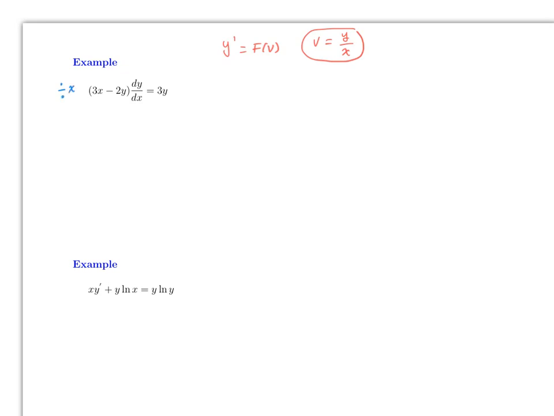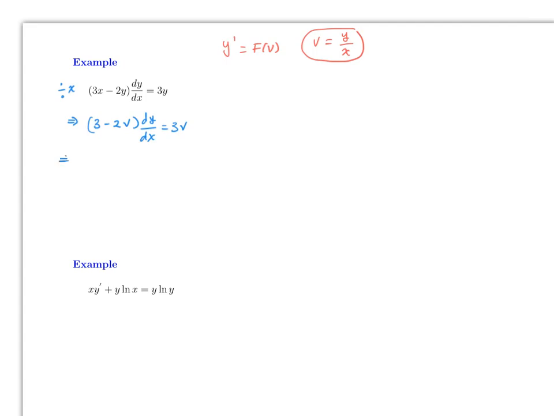So if we divide both sides by x, we will end up here with 3 minus 2v dy dx, and on the other side it is going to be 3v. Why? Because y divided by x is v, and x divided by x is just the number 3.